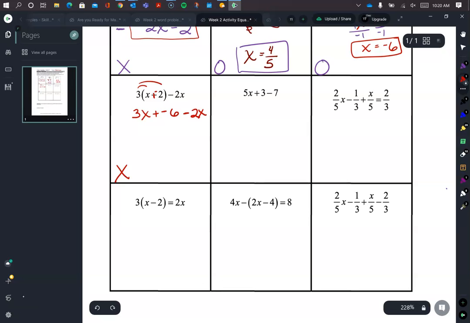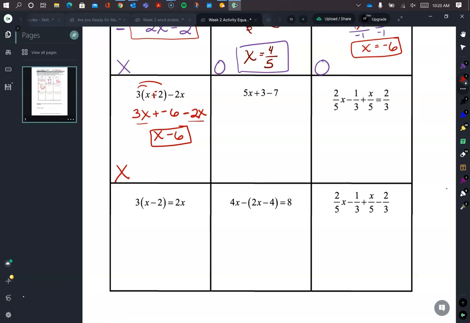So here I have 3x minus 2x is going to give me just a plain x. And then bring down the plus negative 6. I would just write it as minus 6 to keep it nice and streamlined. And that would be my answer.